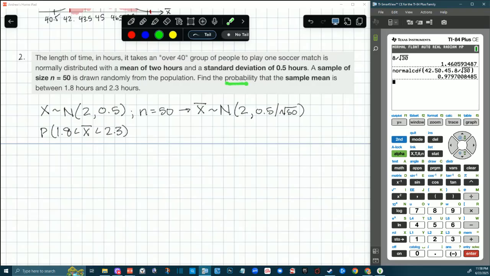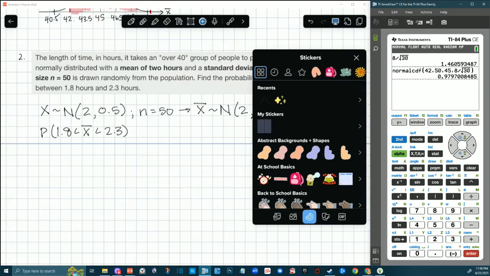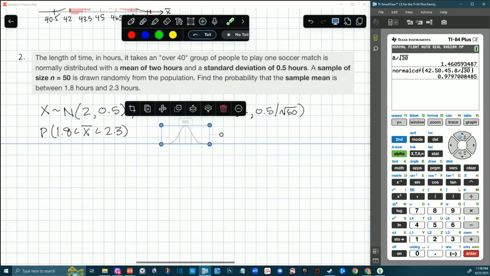When it says find the probability, it specifically is asking the probability that the sample mean is between those hours, not that an individual soccer match is between those hours. So that's how I know that this is x bar and that I'm working with this distribution instead of this distribution. Once I've set this up, the process is the same. We're going to go ahead and draw our picture.